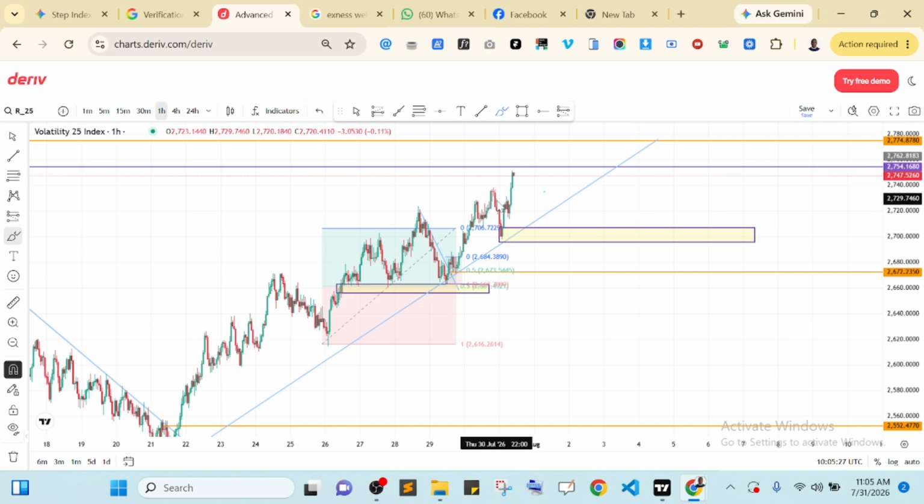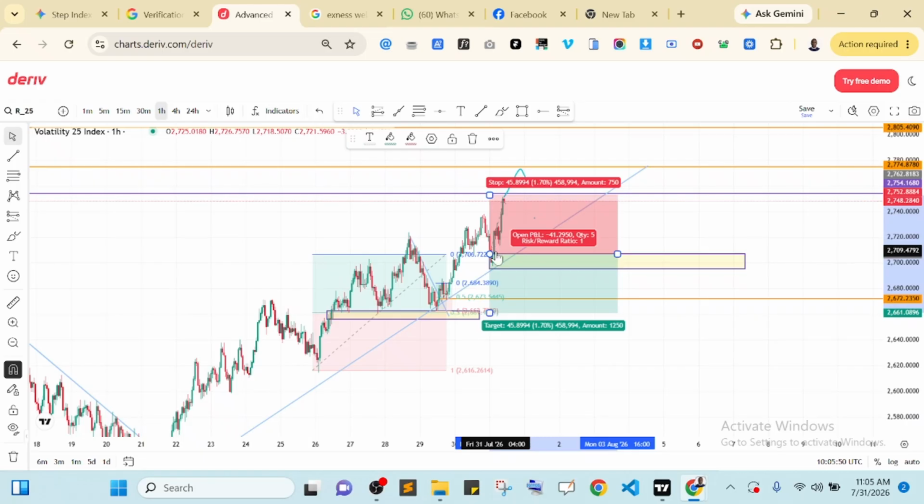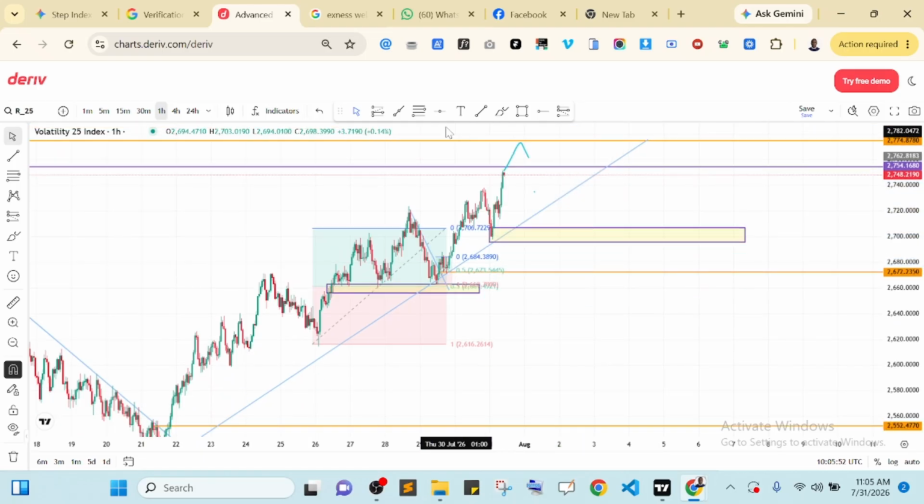Now, look at this. I also want to say this. This is low, right? But this market has not yet formed a higher high. This is a lower low, but this market has not yet formed a higher high. So when it forms a higher high, assuming it formed the higher high there, I will make use of my Fibonacci retracement. I will place it around this level.